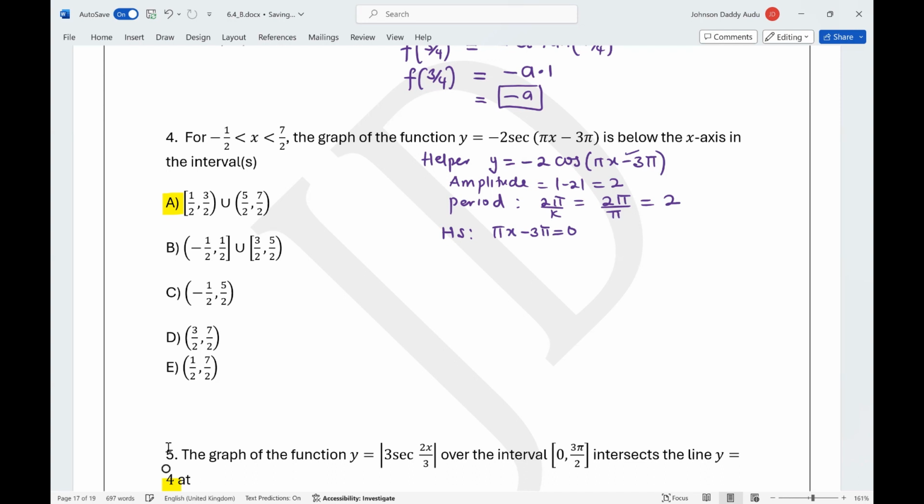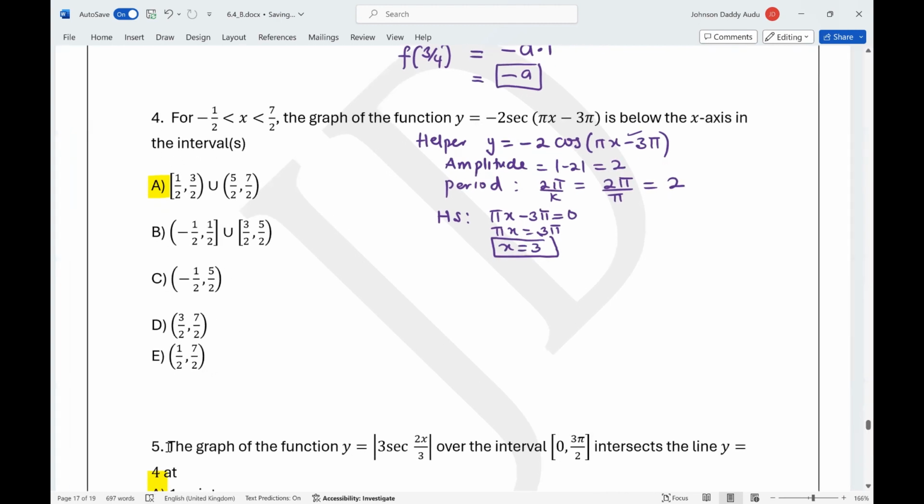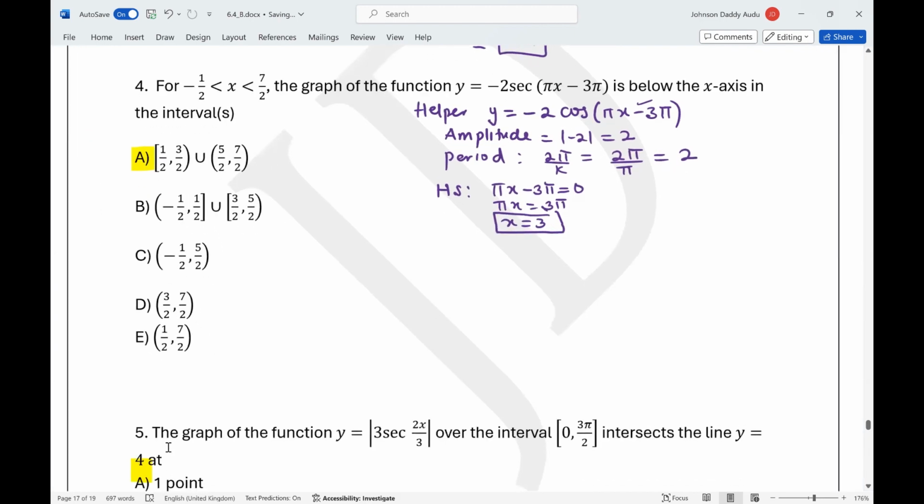And clearly here, you will see that pi x is equal to 3 pi, so x is equal to 3. x is equal to 3, right? Okay. All right. Now, if we look at this one, what can we say?